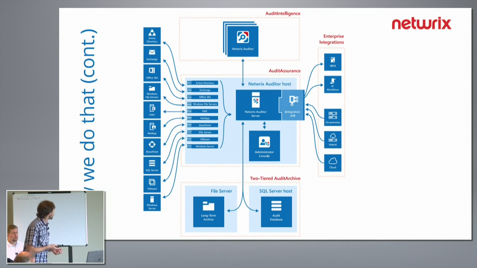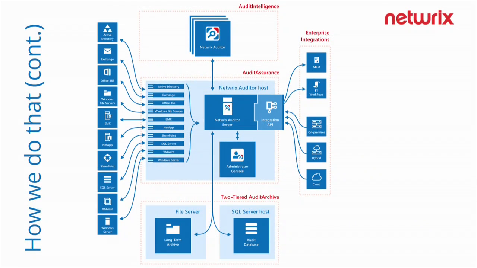A little bit more detailed architecture. I don't think we need to spend a lot of time here, but basically the way you deploy it, there is the central Netwrix Auditor server that does all the heavy lifting, all the processing. The archive, the SQL server and the file-based storage, can both be remote, so you don't have to put everything on one box. And then to consume the data, to work with the search and reports, you have a client piece that can also be installed anywhere, on your laptop or wherever.